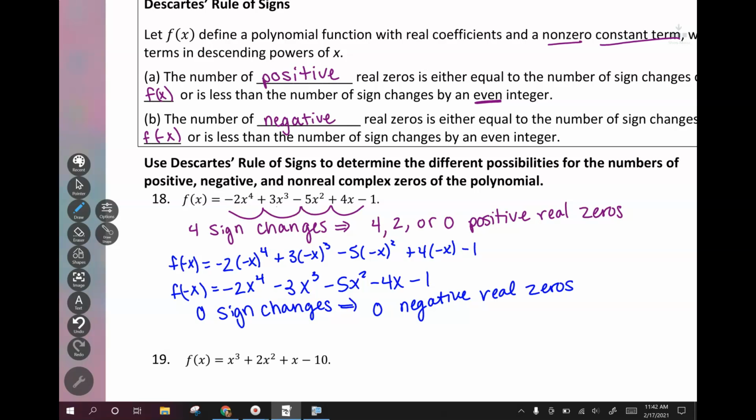So basically, I have a potential of having 4 positive real zeros, which would leave me with 0 non-real complex zeros. I could have 2 positive real zeros, which would leave me with 2 non-real zeros. And then I could have 0 positive real zeros, which would leave me with 4 non-real complex zeros.